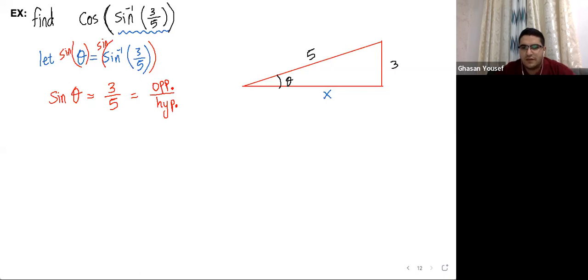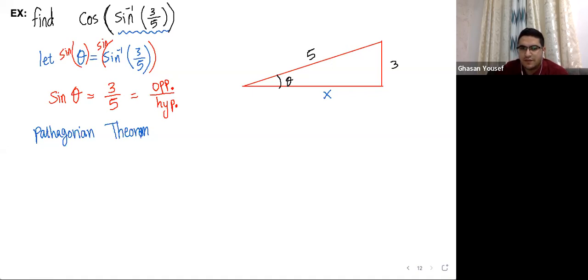How can I find the value of x? This is review. By which theorem can I find the value of x? By the Pythagorean theorem. It helps me find the value of x.